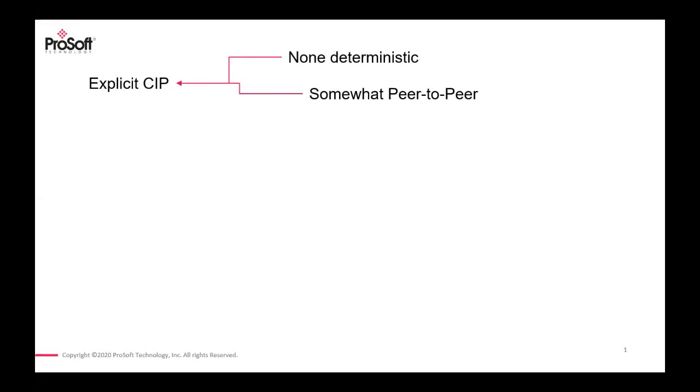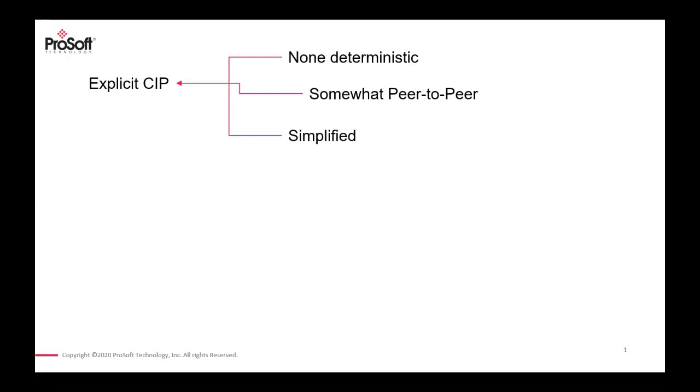So it kind of muddies the definition of standard peer-to-peer. But if you're looking at a single communication instance, you're still going to have a client talking to a server, and that is peer-to-peer. Another third property I can pull from explicit CIP is that it is simple.